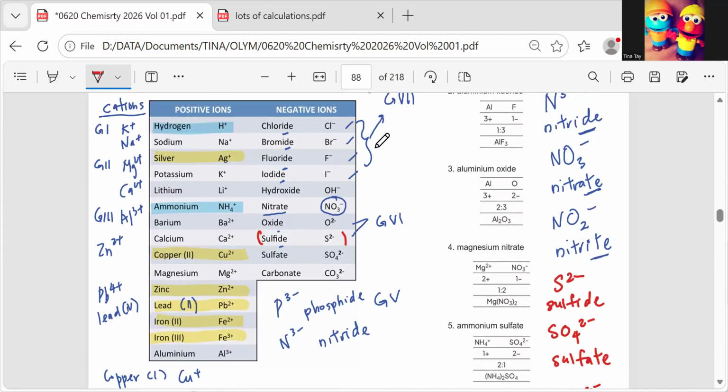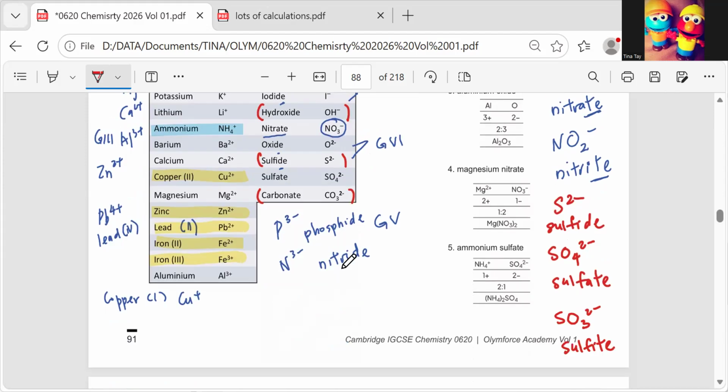Okay, now OH negative is hydroxide. CO3 2- is carbonate. One last one I'm going to show you is HCO3 1-.